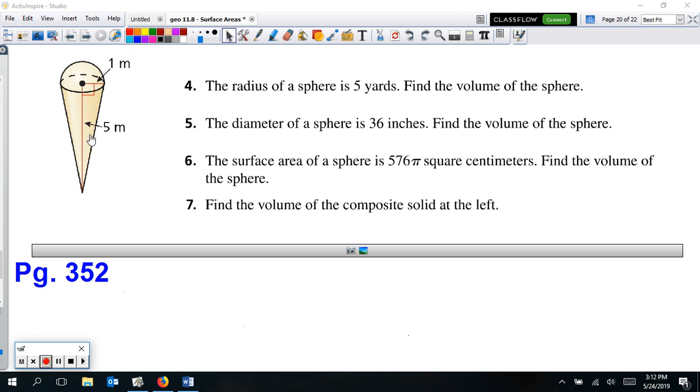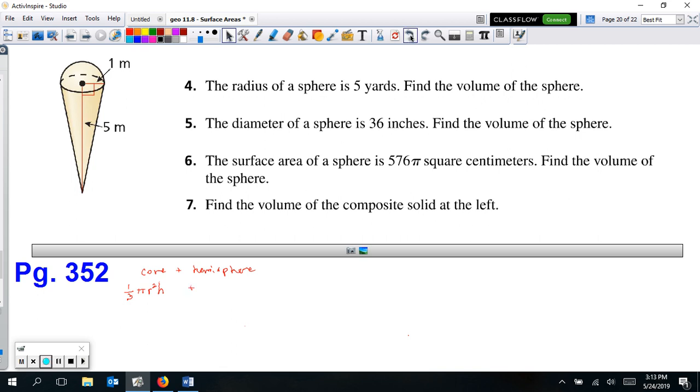So basically to find the volume of this, we'd have to find the volume of the cone and add that to the volume of the hemisphere. So we would do the cone plus the hemisphere. For the volume of the cone, remember from the last lesson, it's 1/3 times pi times radius squared times the height. It's like the area of the base, pi r squared, times the height, but because it's a cone, you multiply it by 1/3.